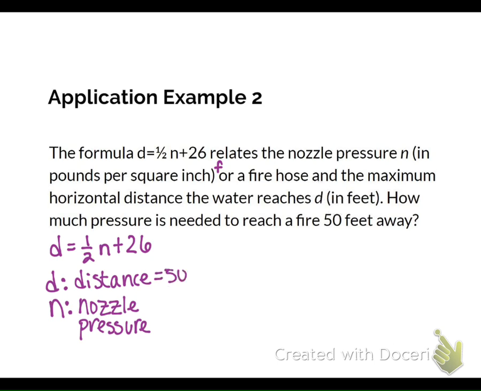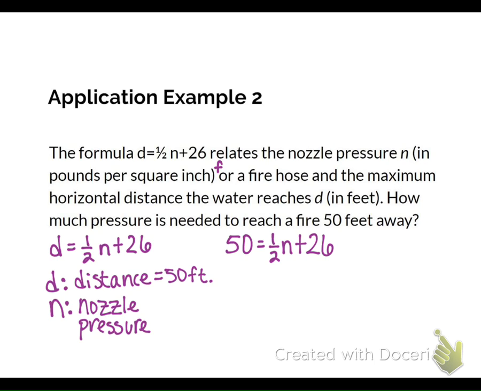So that's equal to 50 feet in this case. The nozzle pressure is what we don't know yet. That's what we're trying to figure out. So let's plug 50 in for our distance, or D, into our formula. And now we just need to solve for n.